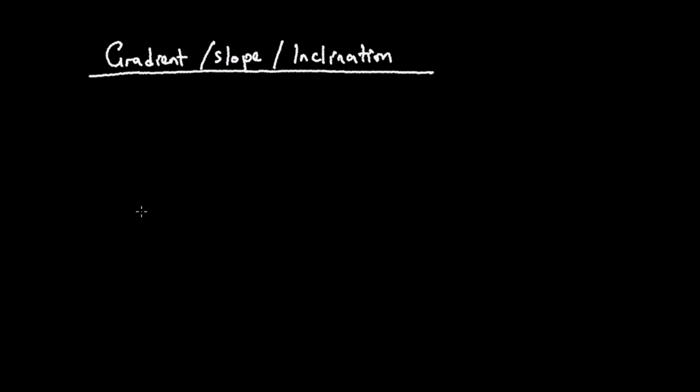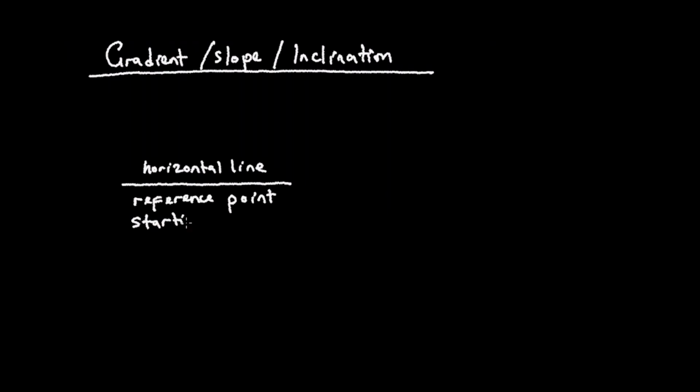What happens is we are still looking at the line. But now if we have a horizontal line, this horizontal line is what mathematicians have decided to refer to as the reference point, or the starting point.